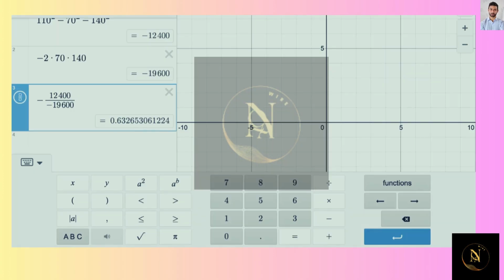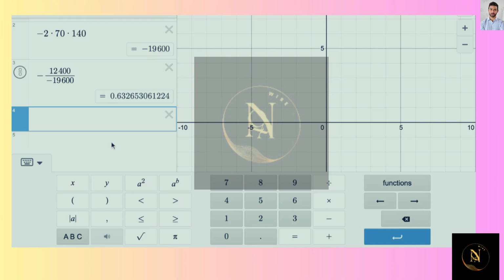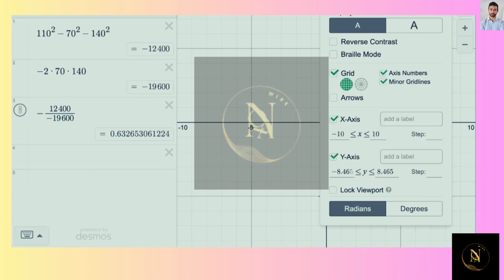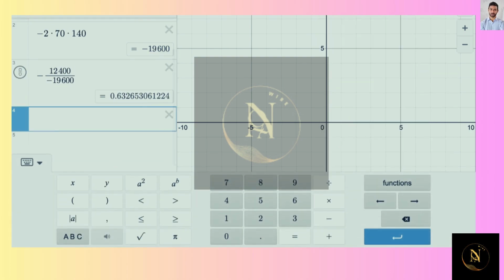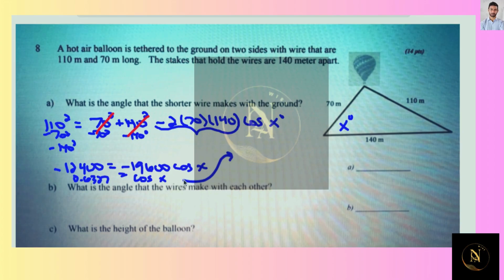But what you want to do is take the inverse cosine. So your calculator needs to be in degree mode, and we want to find the inverse cosine of 0.6327 because that will be what x is equal to, which is the angle.